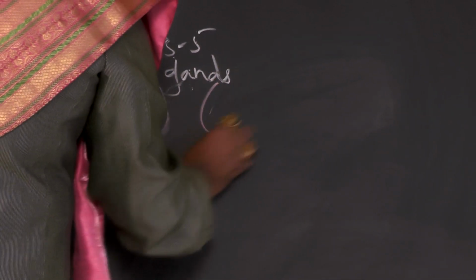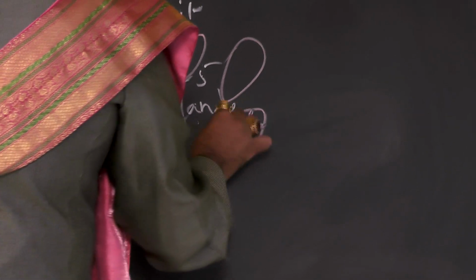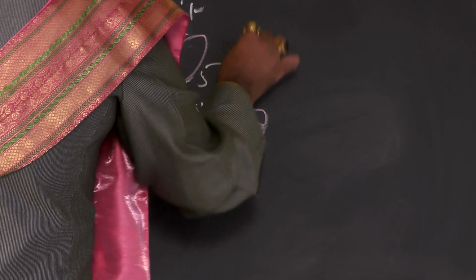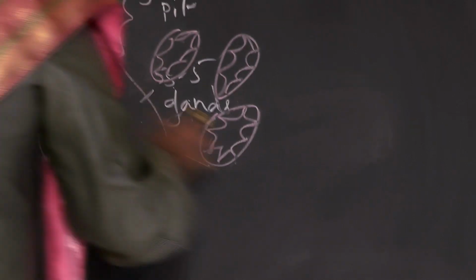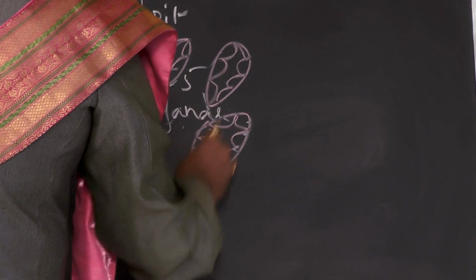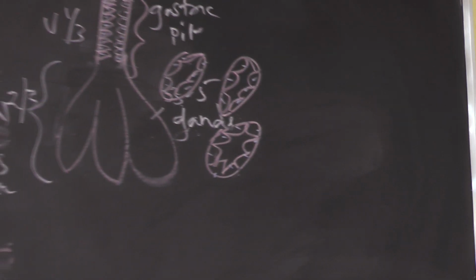So here, in the sections, the gastric glands can appear like this, in the lower 2/3 where you have the cells. And these are all secreting so many secretions. Now what are those? Now we are going to learn that.